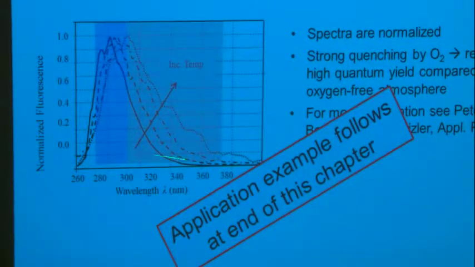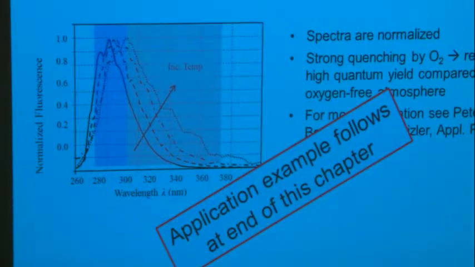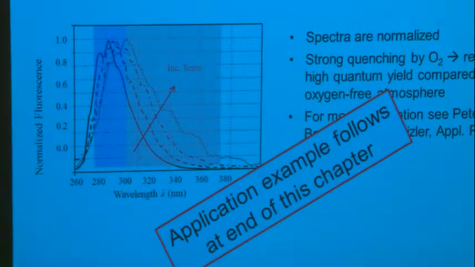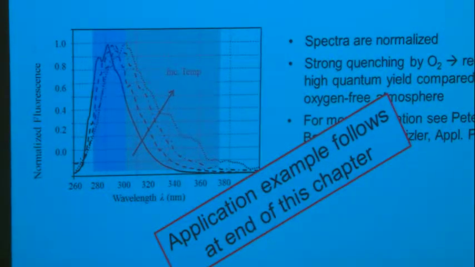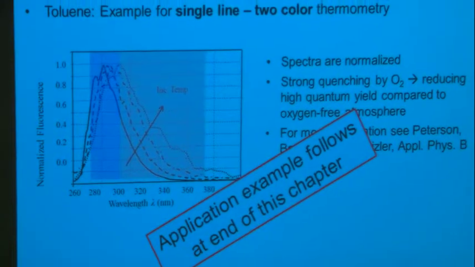And you optimize those filters to have the ratio be very sensitive to the temperature in the entire temperature range you are interested in. The application comes later, where I show how you make use of that.